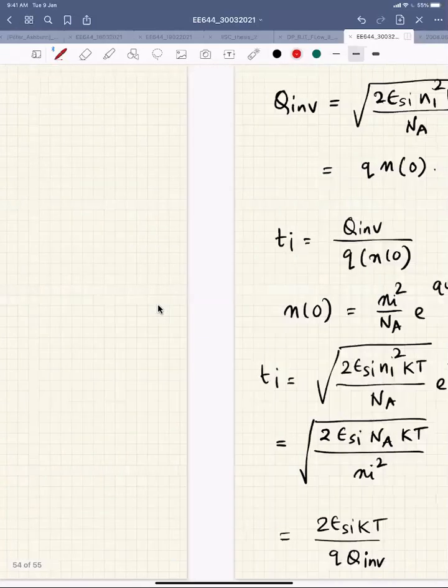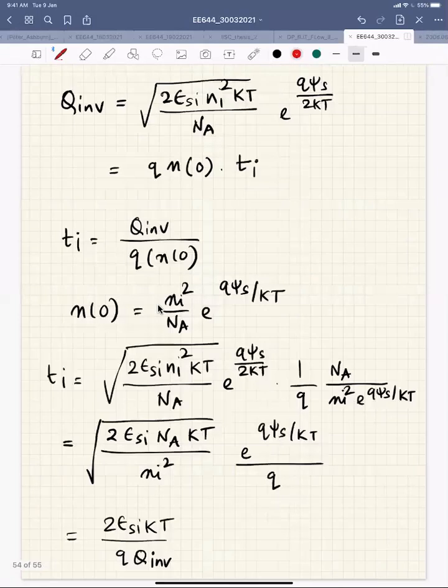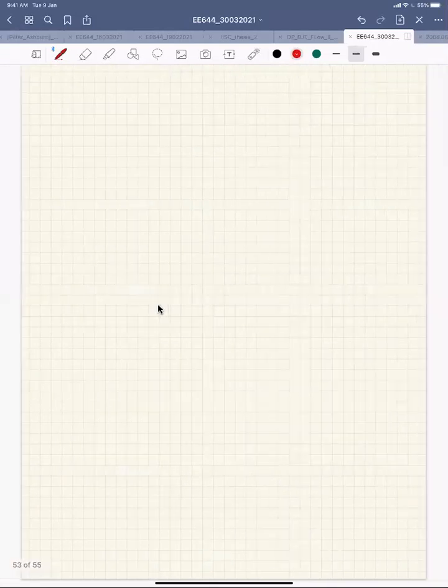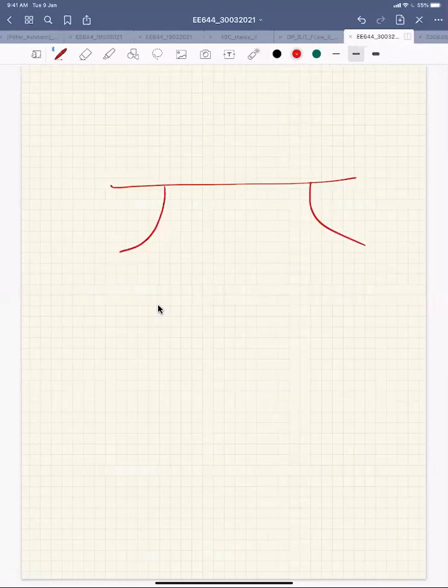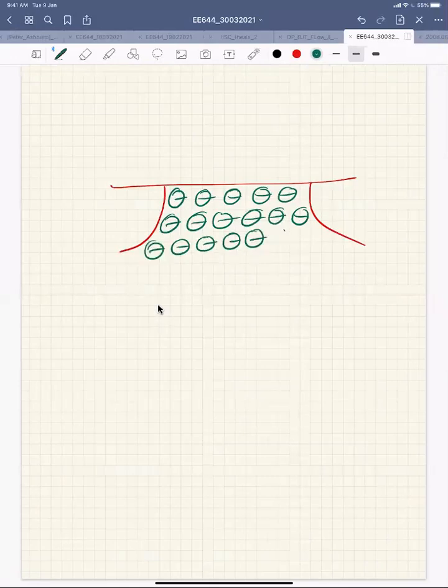Another thing which is very important is your inversion thickness, right? Again, if I draw, I have my depletion charges, right?